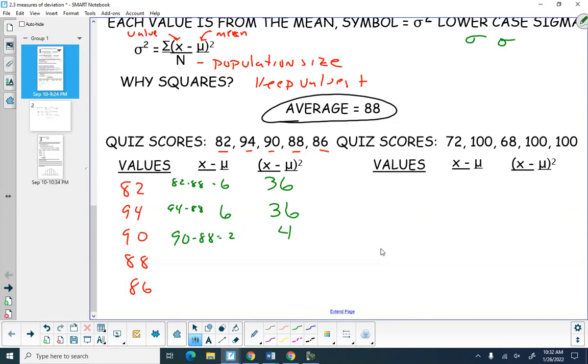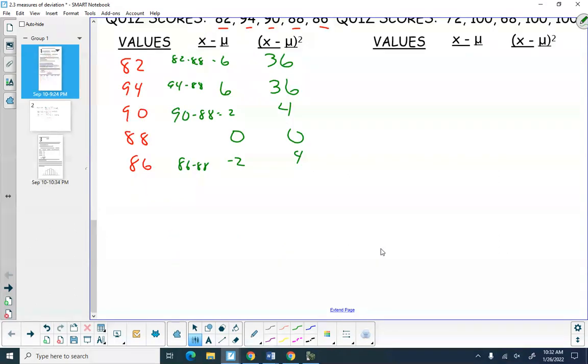So you work yourself sideways and then down the table. Then 88 minus 88, we get a value of 0. We square that, we get 0. And then 86 minus 88, we get -2. We square that, we get the value of 4.